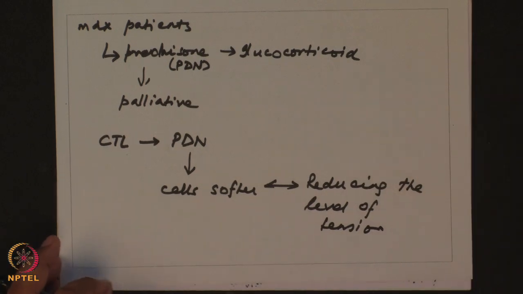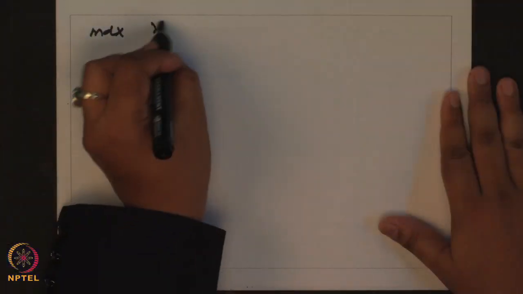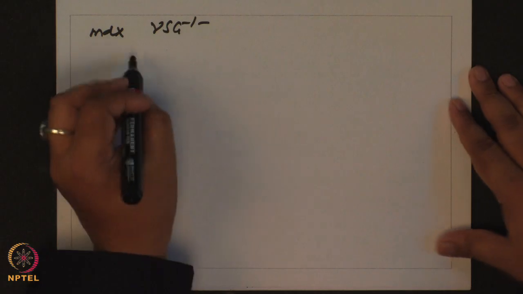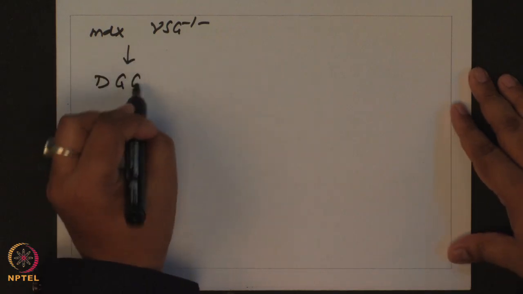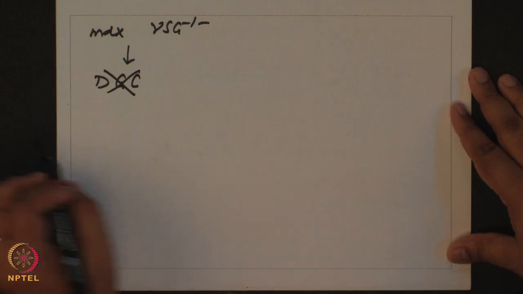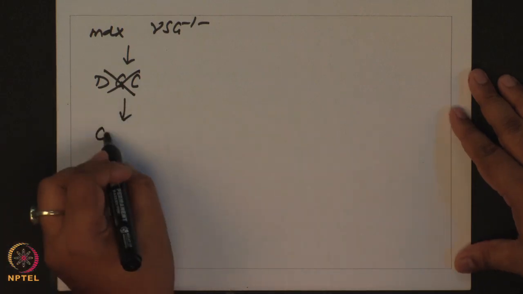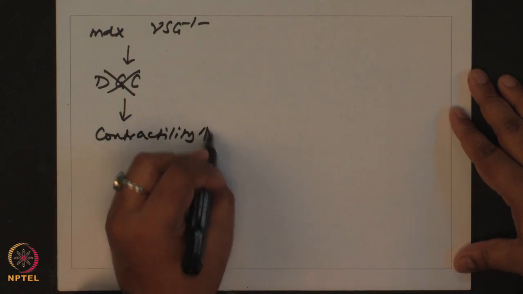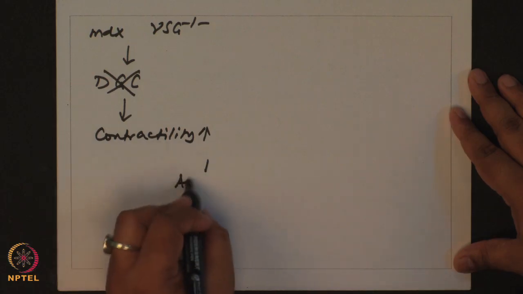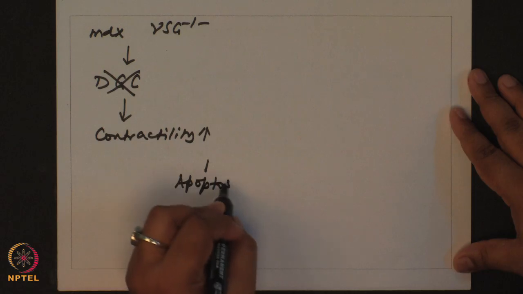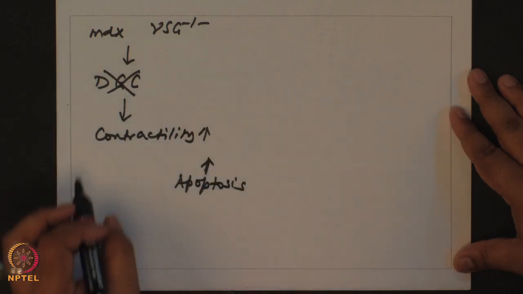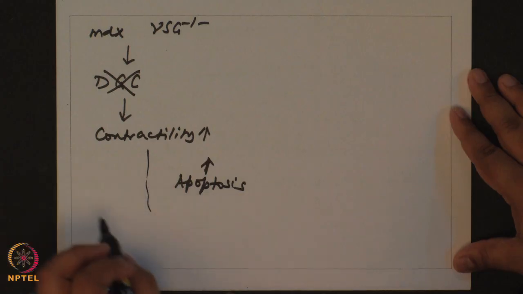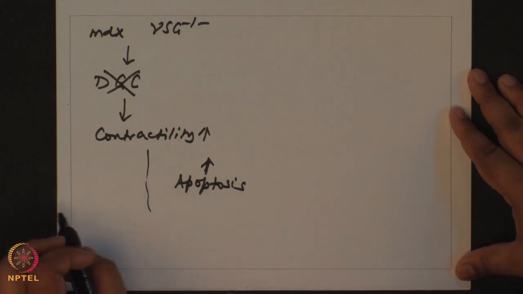So, in essence what you saw is your MDX or gamma sarcoglycan deficient cells, in both these cases your dystroglycan complex is being perturbed, which leads to an increase in contractility of these cells. In one case it leads to apoptosis, in gamma sarcoglycan deficient cells, and in both the cases the tissue is stiffer.